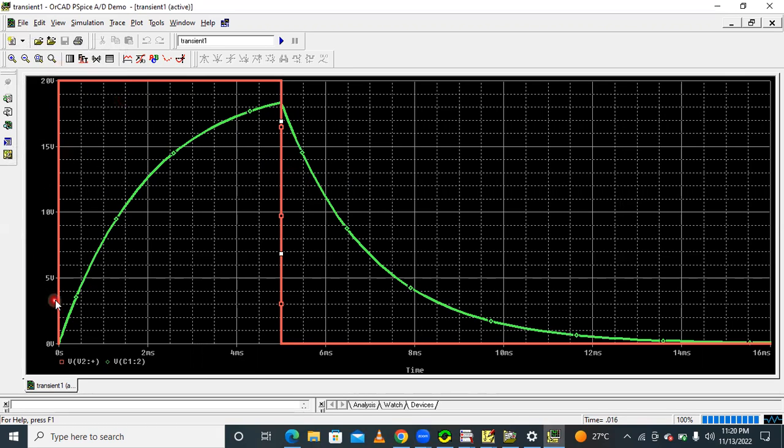So up to 5 milliseconds this voltage source is present. Only up to 5 milliseconds this source is present. After 5 milliseconds, the source is disconnected, I mean turned off. That's why the capacitor charges up to here, for 5 milliseconds. After this, the capacitor voltage decreases exponentially. So in this way we have to analyze the voltage across the capacitor.